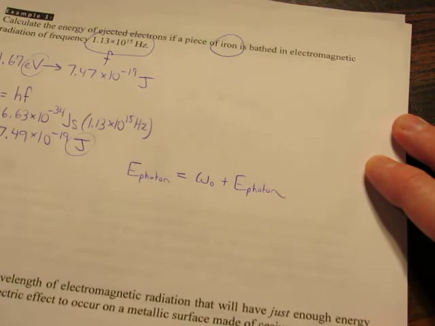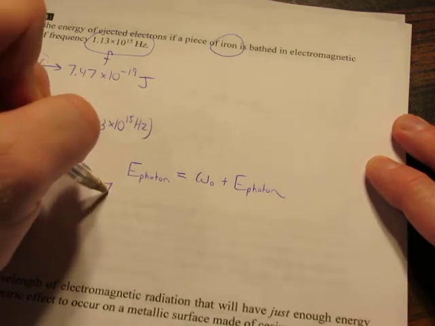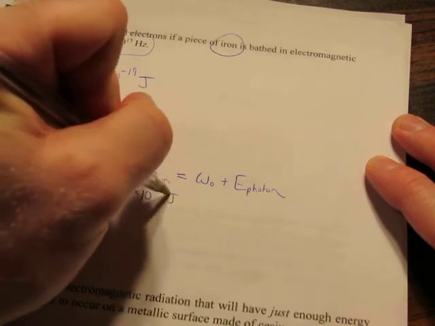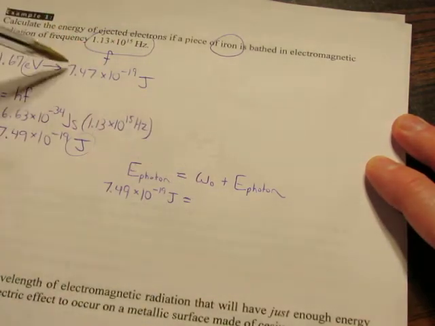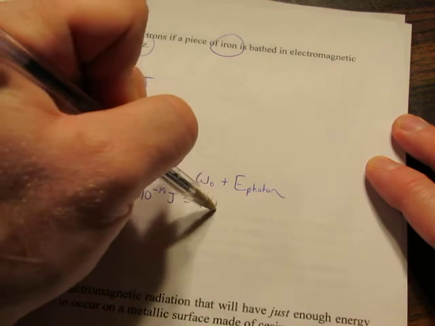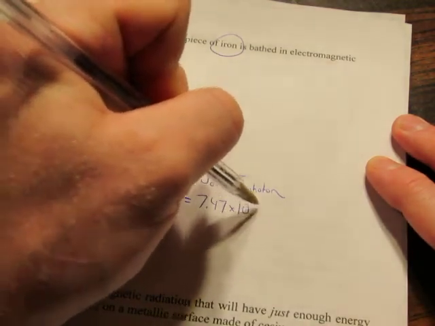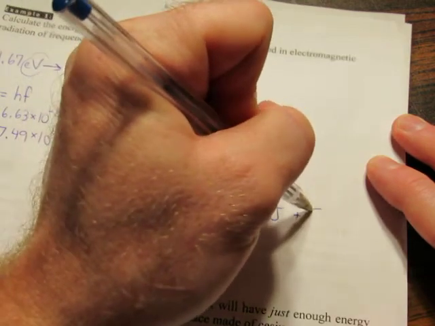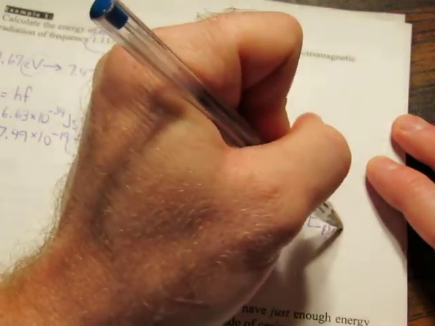Okay, so we know that the energy in the beginning is 7.49 times 10 to the negative 19. The work function has been worked out as 7.47 times 10 to the negative 19 joules this time. And we are looking for the energy in the end.